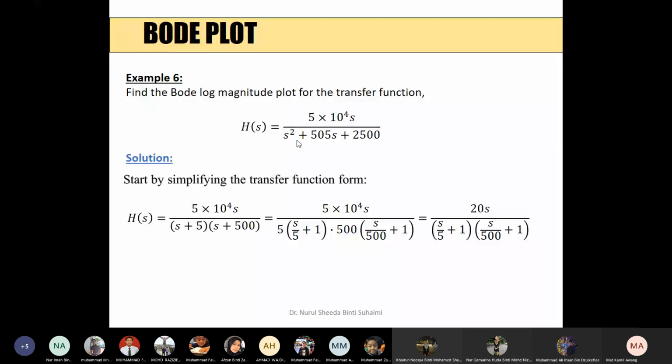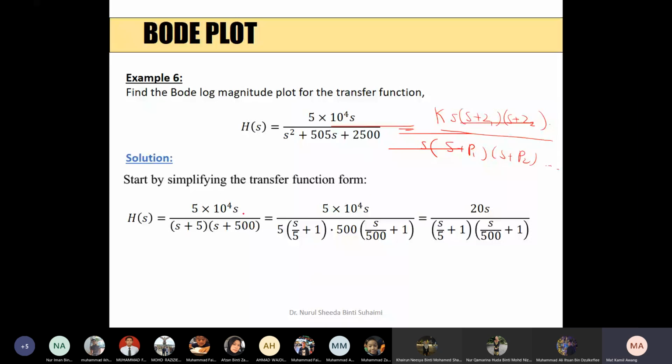Normally, we need to transform it into this format: s plus Z1, s plus Z2 divided by s plus P1, s plus P2. Whatever it is, we try to write it in this format.